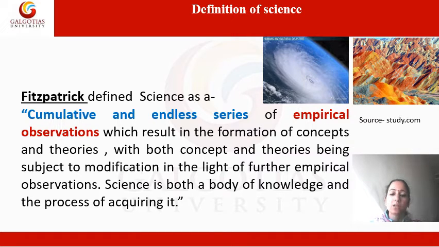And after collecting these empirical observations, we form some concepts, and on the basis of these similar concepts we form some theories, and these concepts and theories again are subject to modification. Time to time scientists modify the theories and concepts. After doing some research or getting some empirical observation, the concepts can be changed.